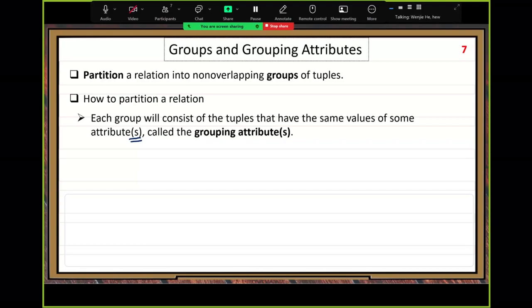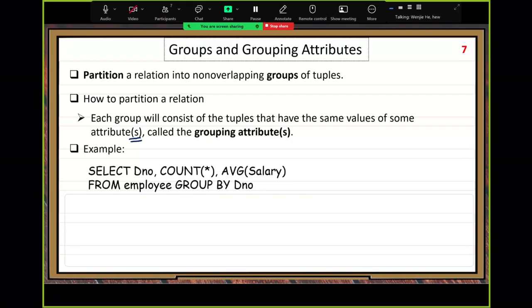All right, so let's look at some examples. Look at this one. Select department number, count. You apply the aggregate function, the count function. But first, hold on a little bit because you need to understand the groups first.